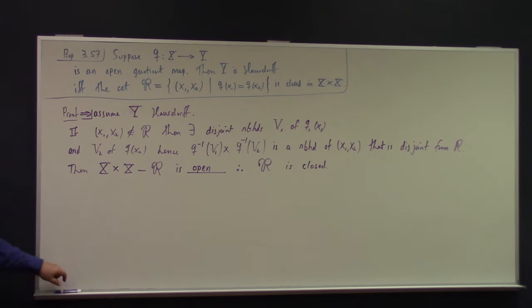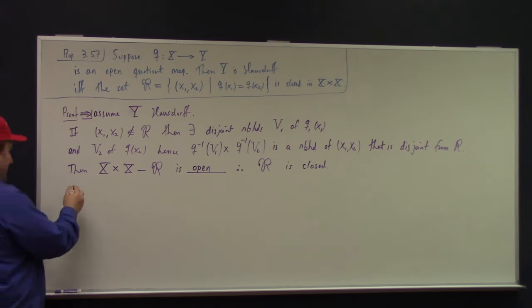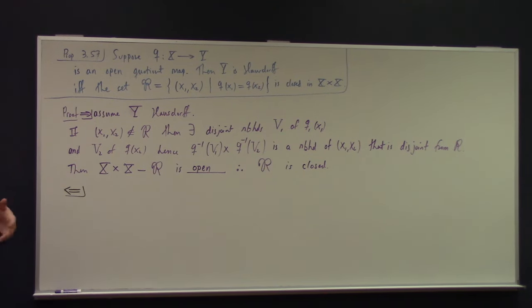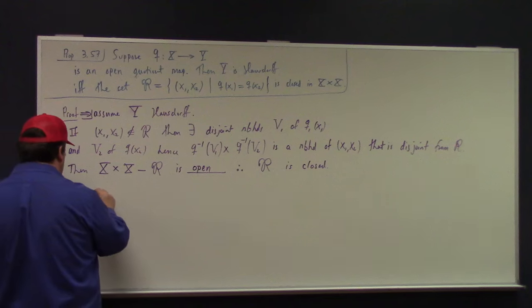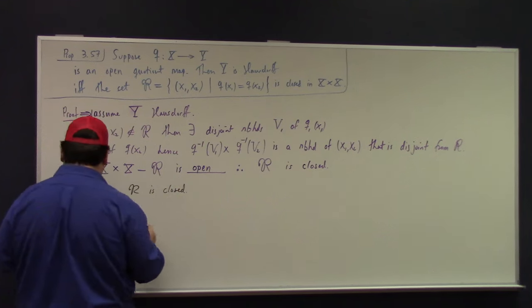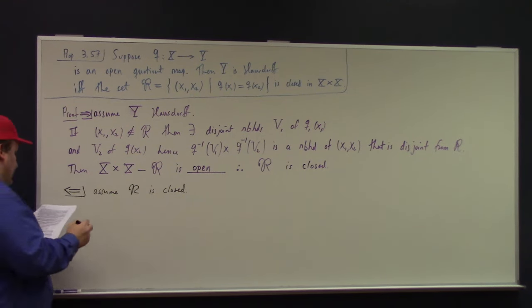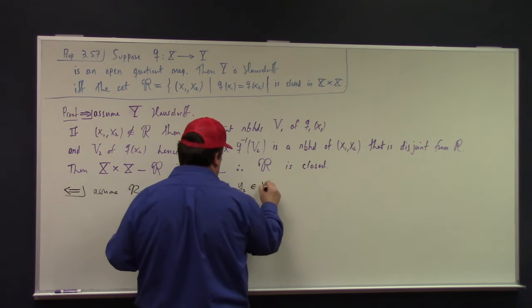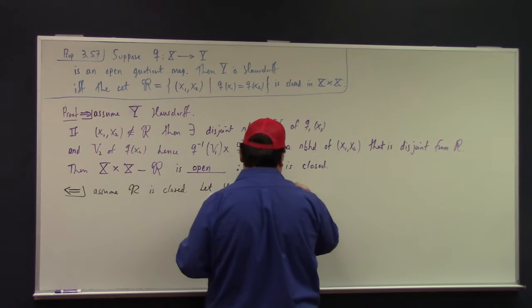How about the reverse then? This is why I like using John Lee's books, because usually if I just open it up and try to understand the proof, it works out. So conversely, assume R is closed. Let y1 and y2 be elements of Y with y1 not equal to y2.